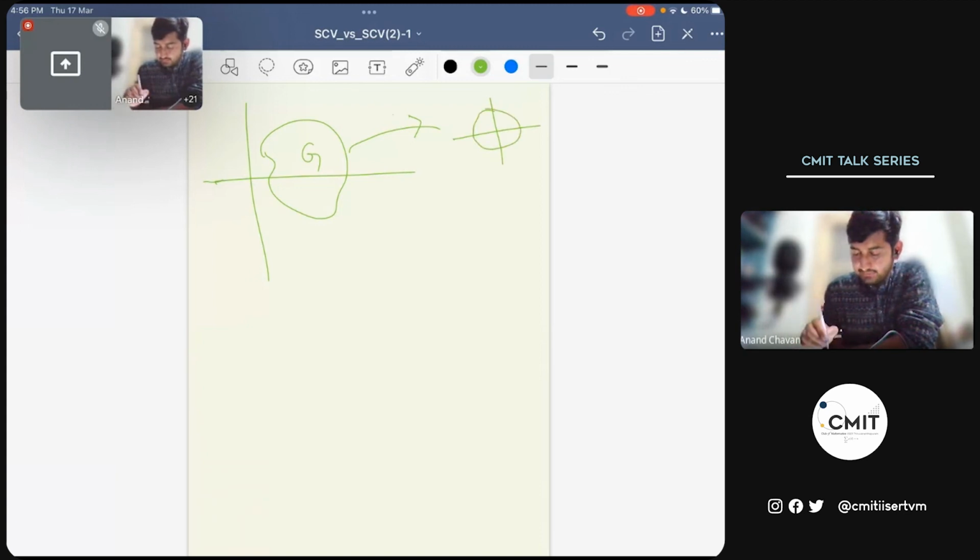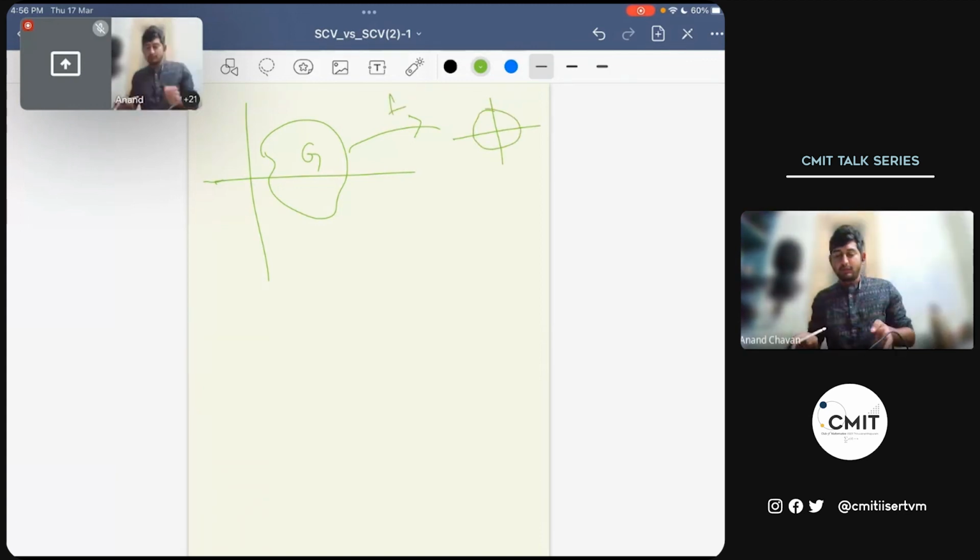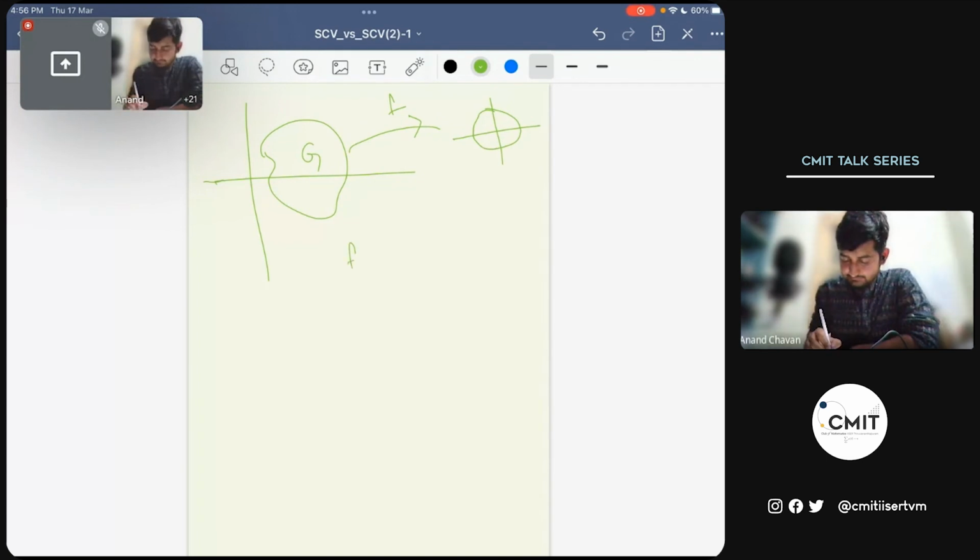Let me define what we mean by biholomorphic. Biholomorphic means I have a function f which is one-to-one, onto, holomorphic, and its inverse is also holomorphic.